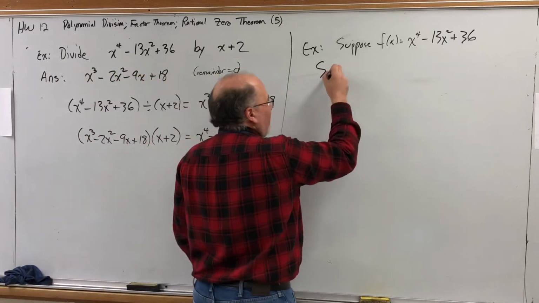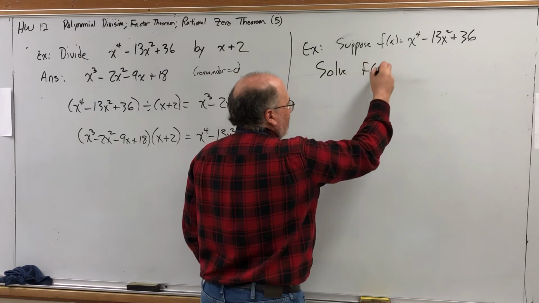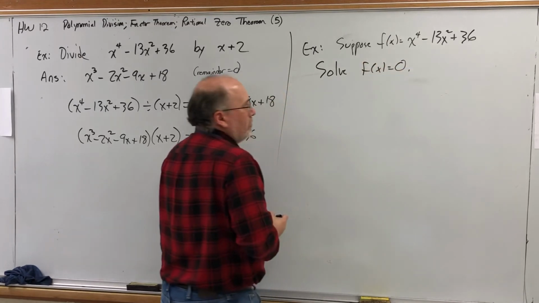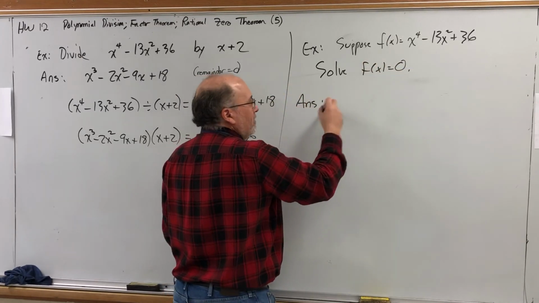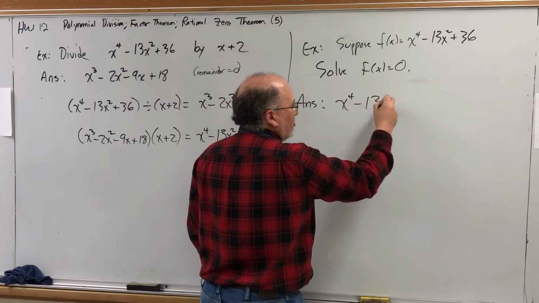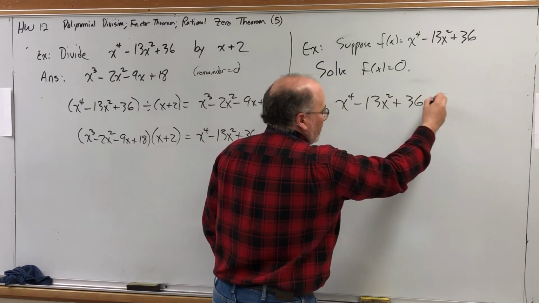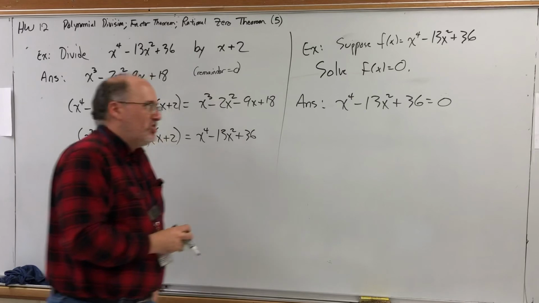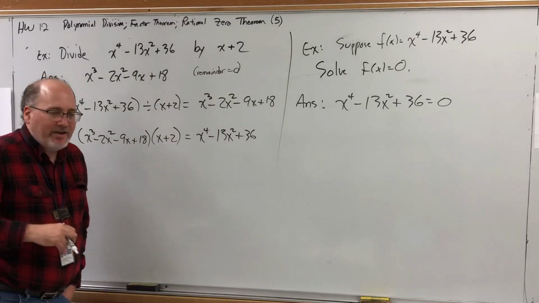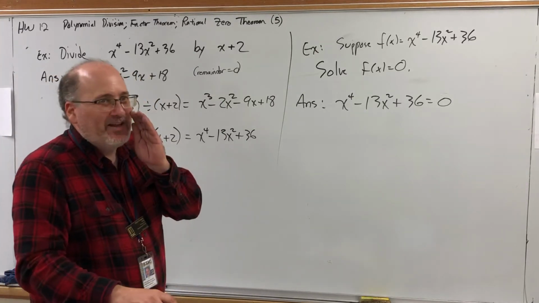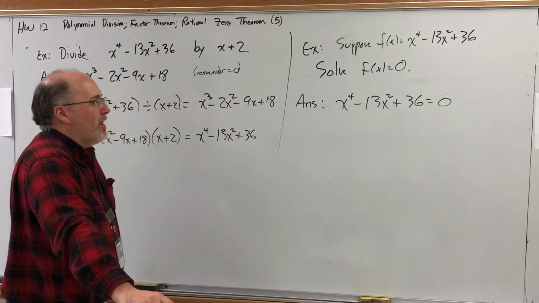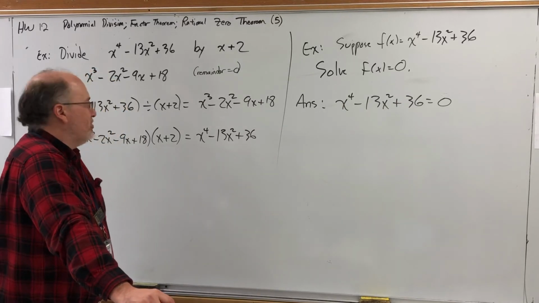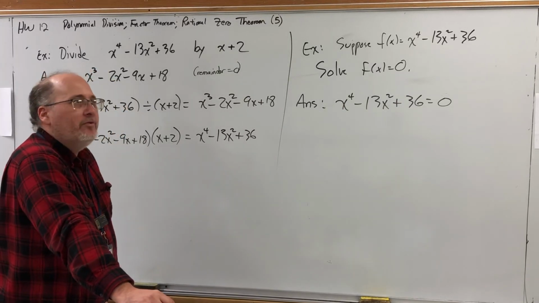And we were trying to find the x-intercepts by solving f of x is equal to 0. Well, if we start with x to the 4th minus 13x squared plus 36 equals 0, we might be stuck because it's not quadratic. It's quadratic-like. It's not quadratic, and so conventional factoring techniques wouldn't apply.